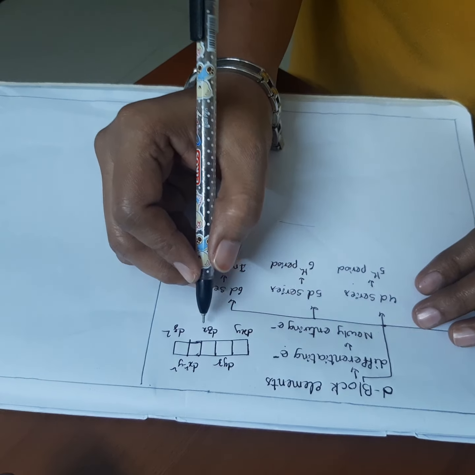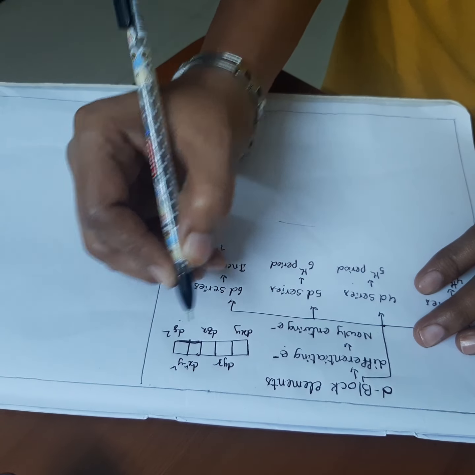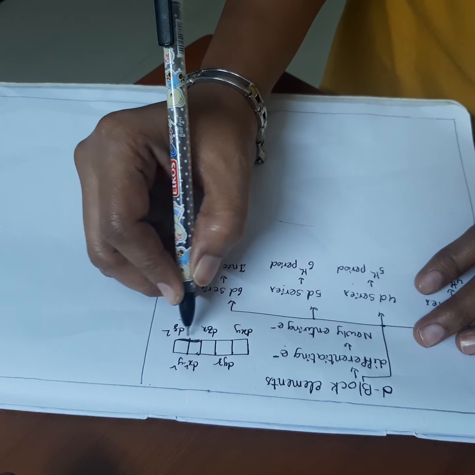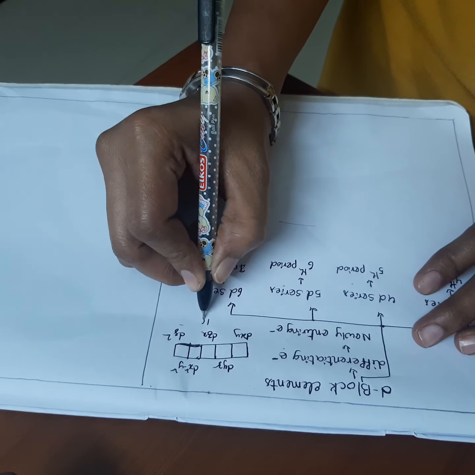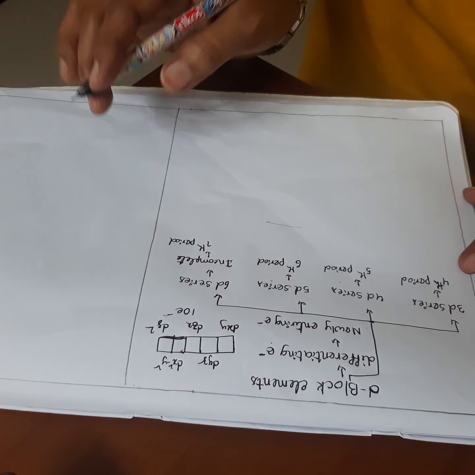Each orbital is filled by 2 electrons, so the maximum number of electrons filled in the d orbital is 10 electrons. That's why each series contains 10 elements.